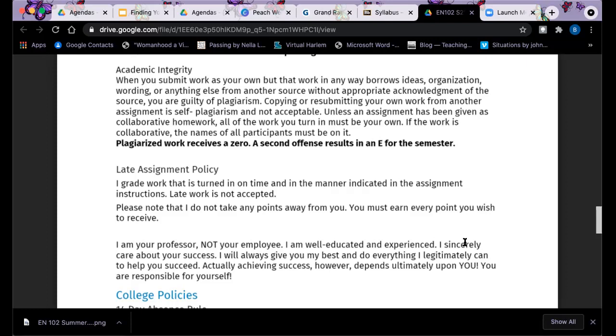Copying or resubmitting your own work from another assignment is self-plagiarism and not acceptable. Unless an assignment has been given as collaborative homework, all of the work you turn in must be your own. If the work is collaborative, the names of all participants must be on it. Plagiarized work receives a 0. A second offense results in an E for the semester.